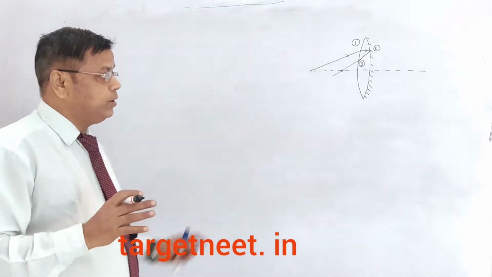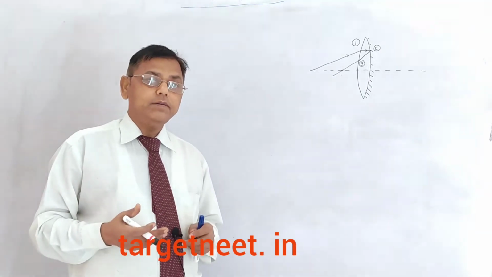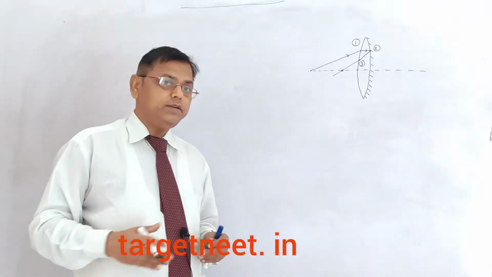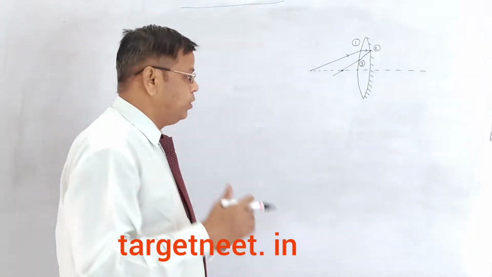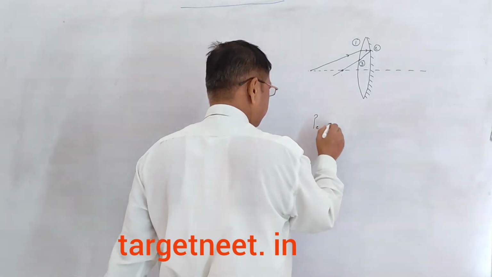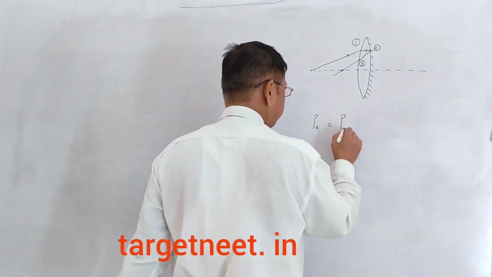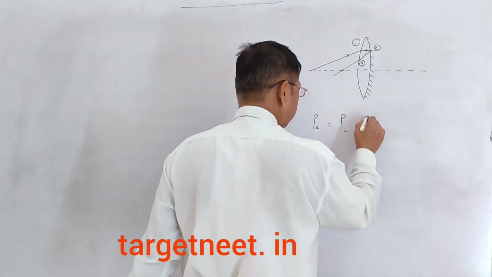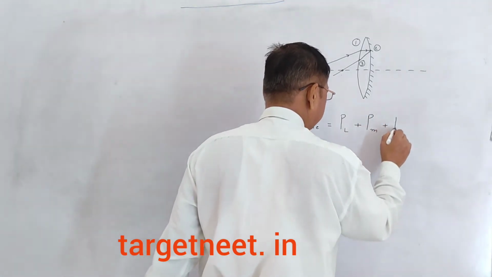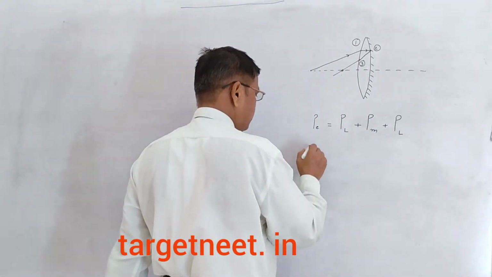As you know, when optical systems are in contact, the power is the sum of the powers of the individual components. So the effective power of the system is power of lens plus power of mirror plus power of lens again, because it behaves like lens, mirror, lens.